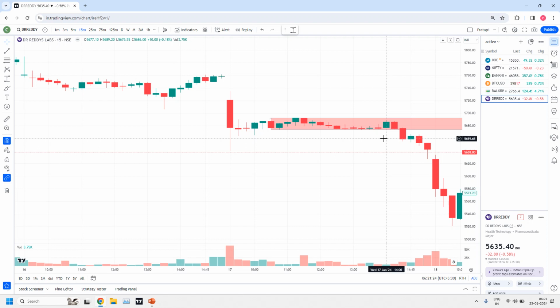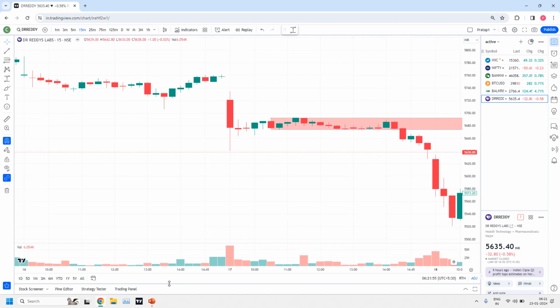In at least 80% of scenarios, the zone will be violated. In 20% it may work; there could be some other reasons behind that. But we can't wait for luck. If the structure is not good, just leave. Look for some other stock having very good price structure till the 5 minutes level.